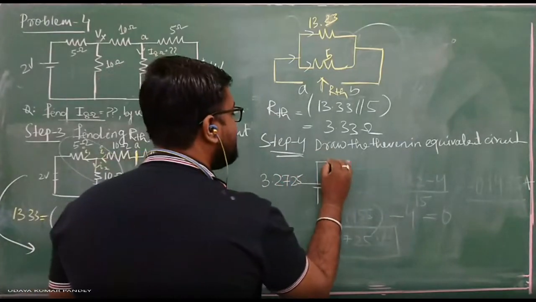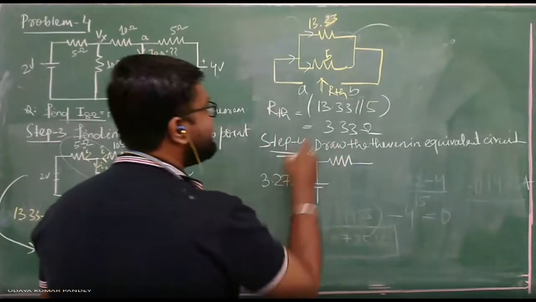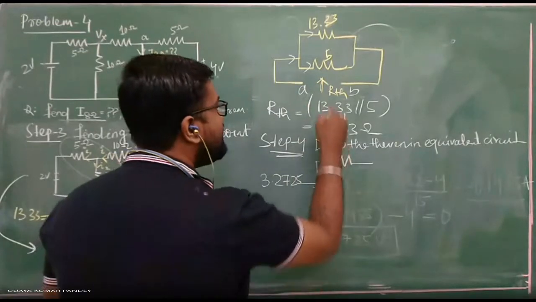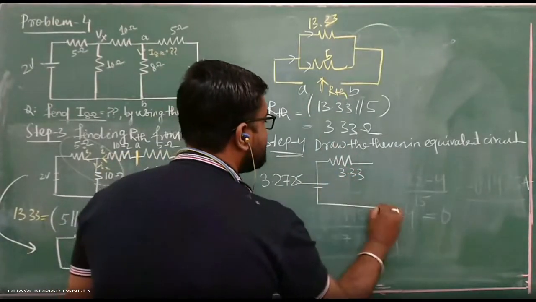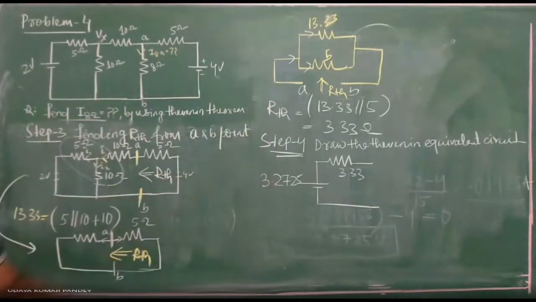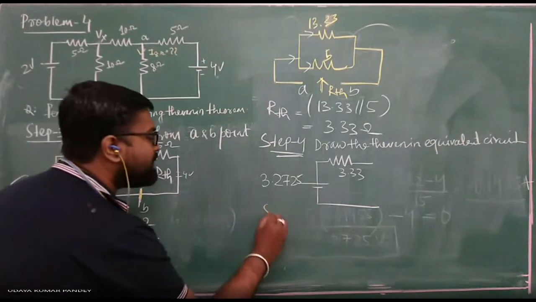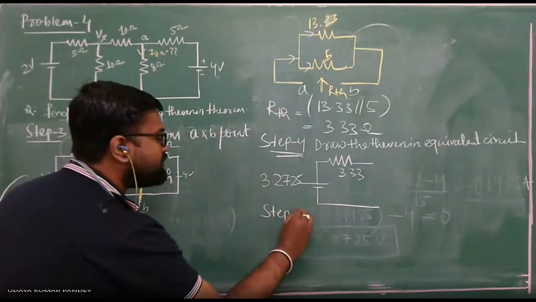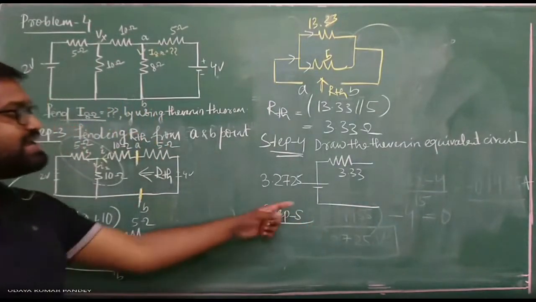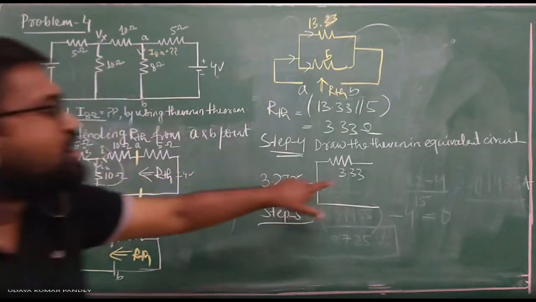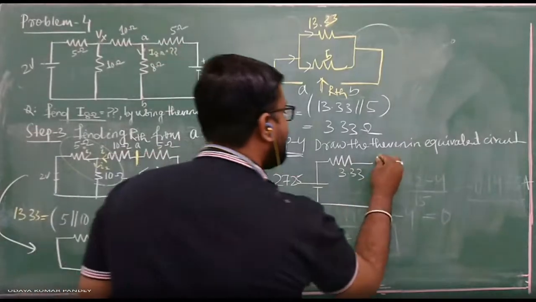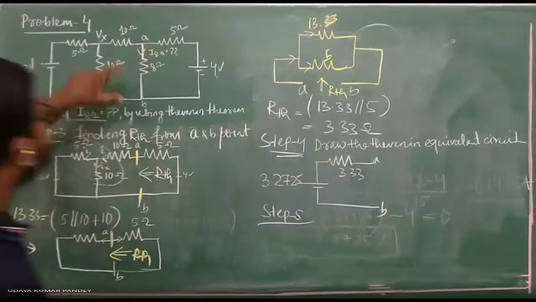Very good. Then I have also calculated the RTH value. This is your RTH, calculated from here as 3.63. This is my Thevenin equivalent circuit. It is made now. Now step 5 is being told to us: by connecting the eliminated RL across the 2 points. This is your point A and point B because I have eliminated this.